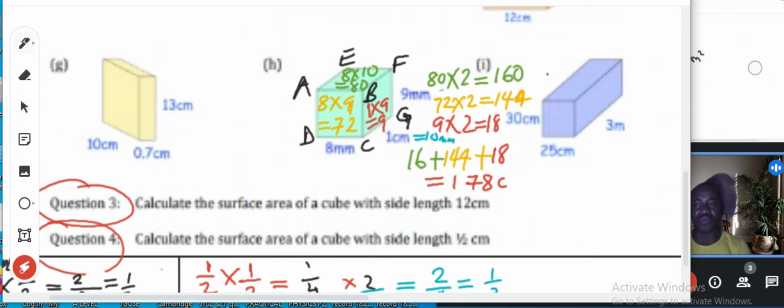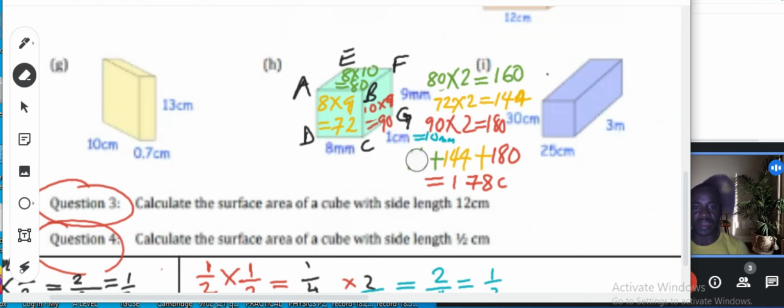So it should have been what times what? 10 times 9. It should have been 10 times 9 instead, which is actually 90. So this should be 90 times 2, not 9 times 2. This is 180. So you can add up now.